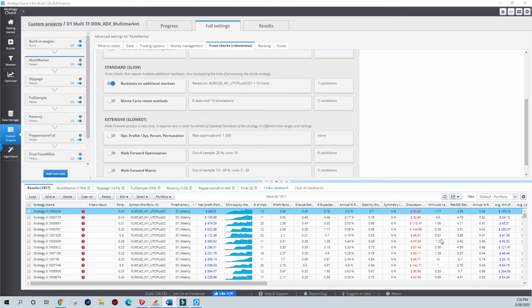We test our solutions across multi-markets to up the trade sample size per solution to reduce the possibility of a curve fit result.